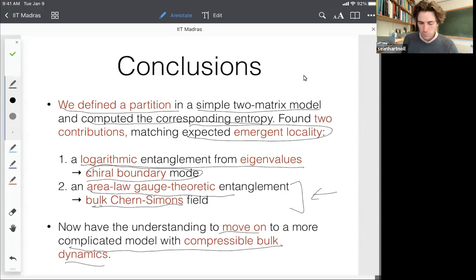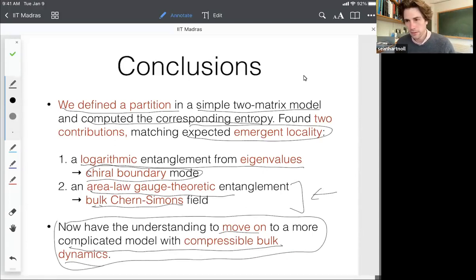At least there's one more step, which is this compressible case that we're thinking about. So there's a simple three-matrix model that's compressible and so on. I agree, there are conceptual and technical problems with BFSS. I think the conceptual ones can be tackled in simpler models where we do know the ground state.